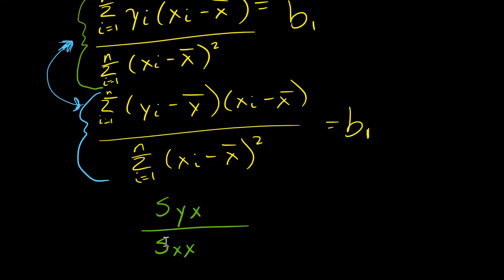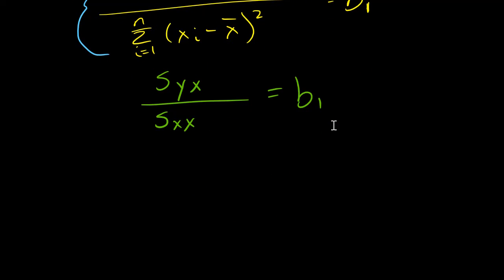And then S_XX is the sum of centered x values times centered x values, or squared. So this is what b1 equals.